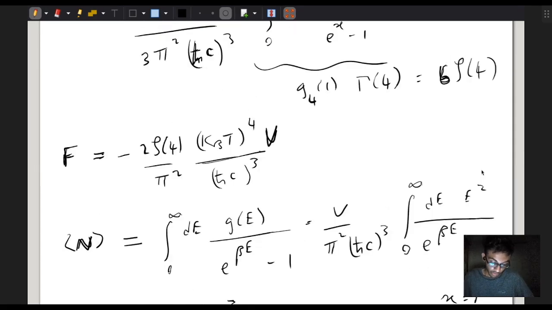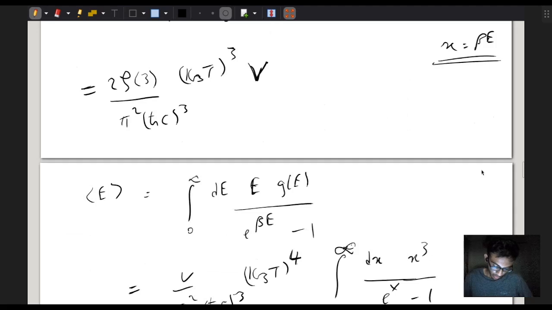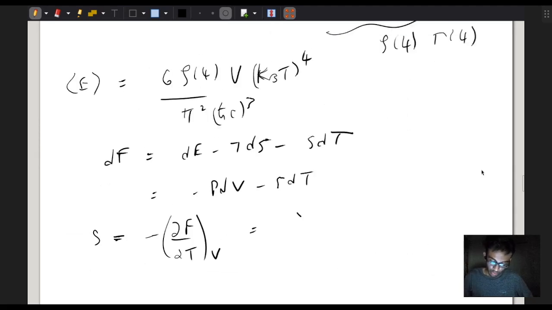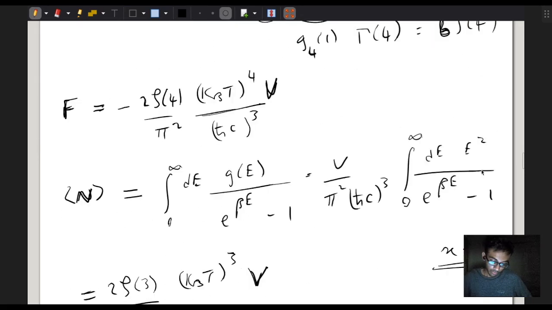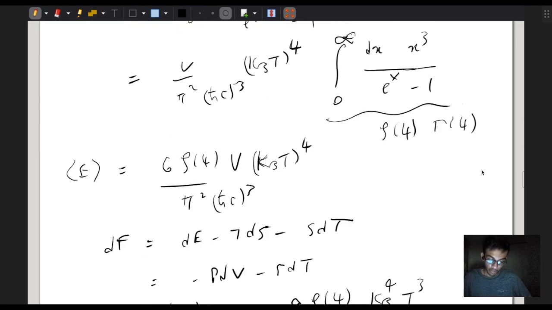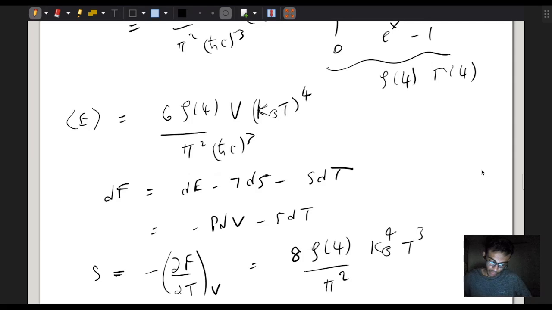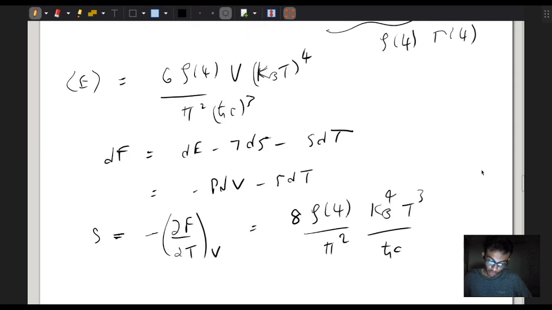That is going to be 8 Riemann zeta 4 times pi squared k_B to the 4 T cubed over h bar c whole cube times V. So this is the entropy.